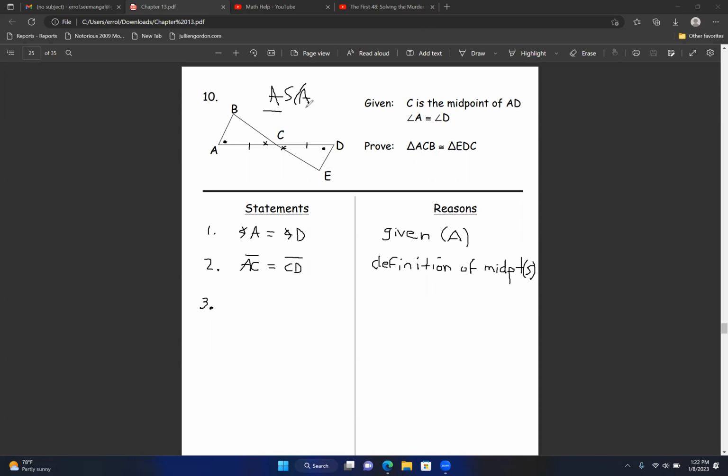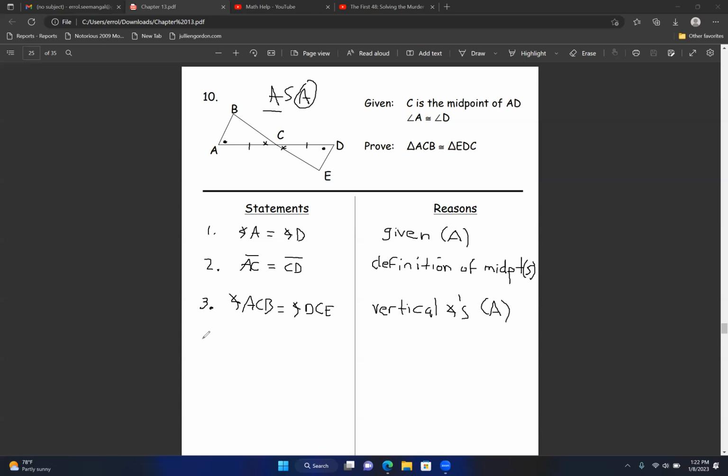What's this one right here? Angle ACB equals DCE. And what's the reason? Vertical angles. That's your other A.